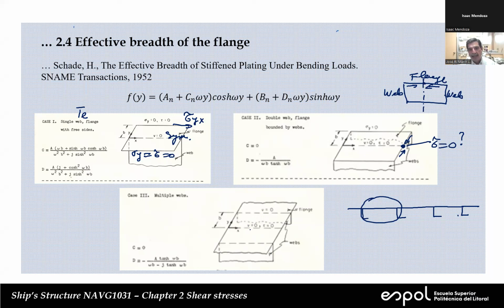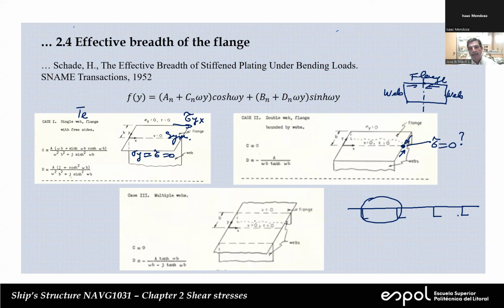Again, you have symmetry, so the displacement in the v direction is 0. Again, you have symmetry, so the tau is 0 here, and also here you have symmetry, so you don't expect this element to deflect in that direction, so v is also 0.